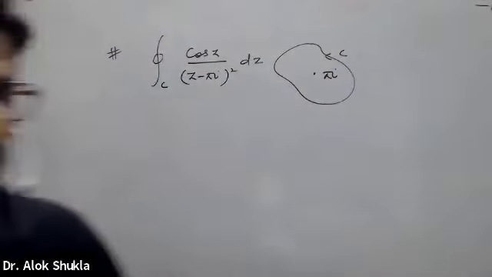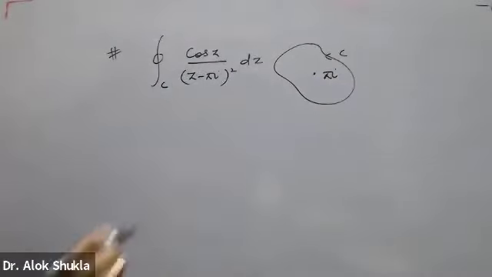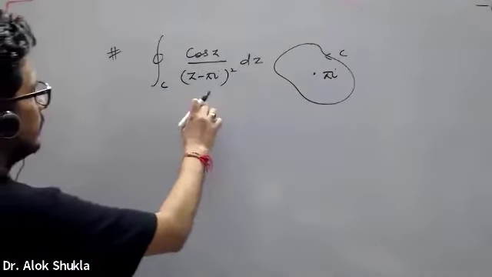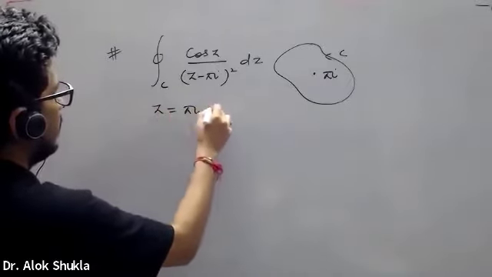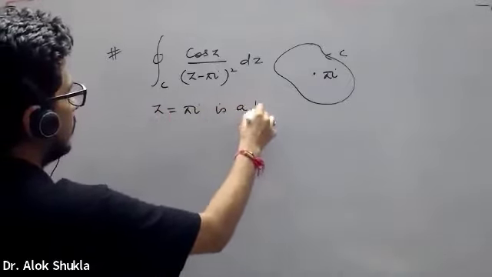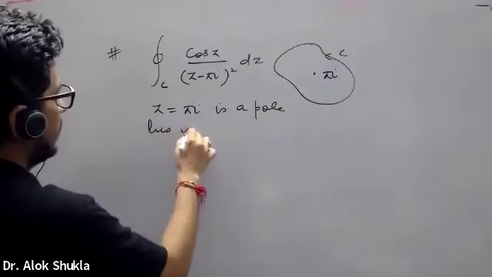I mean the contour is such that the pole is inside the contour. So please see this one. z is equal to pi i is a second order pole, and it lies inside the contour.